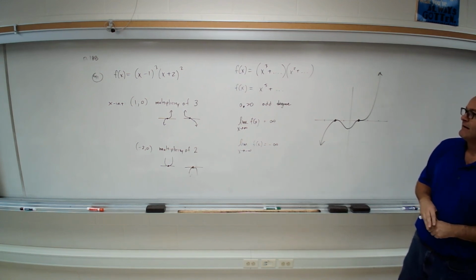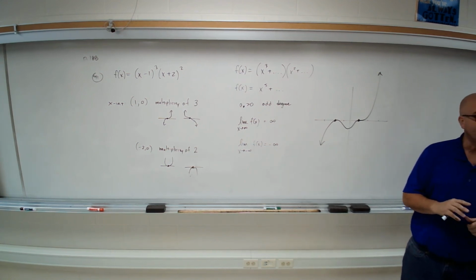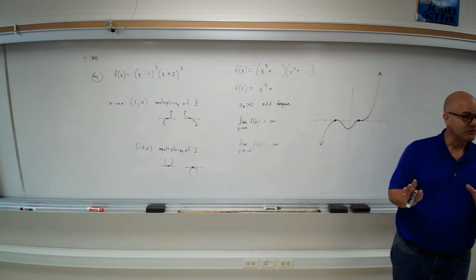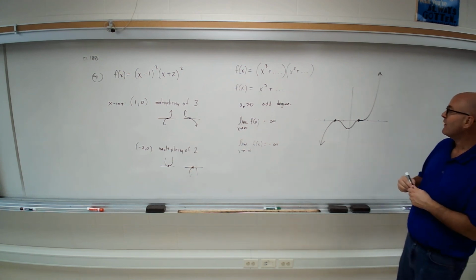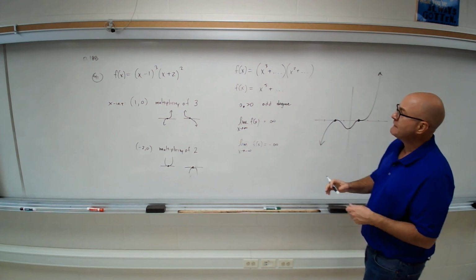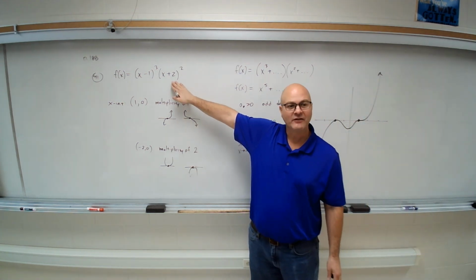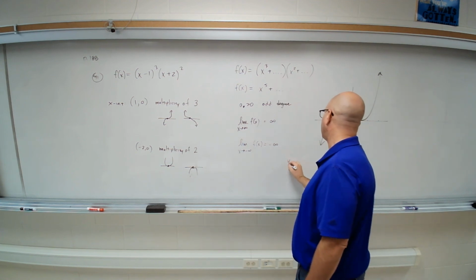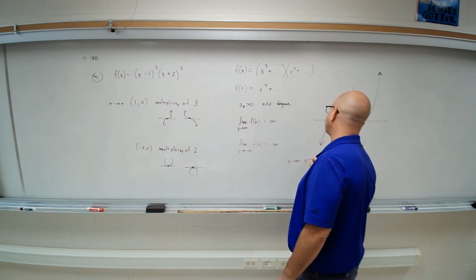The one point, if you do want to put some scale to it, or maybe see what it would look like on a calculator, which is a great way to check your work, even if it's in this form, it's really easy to find the y-intercept. Right? Because remember, the y-intercept is just where x is equal to 0.